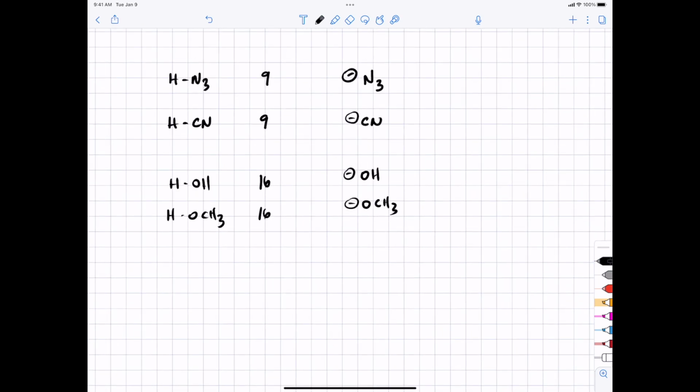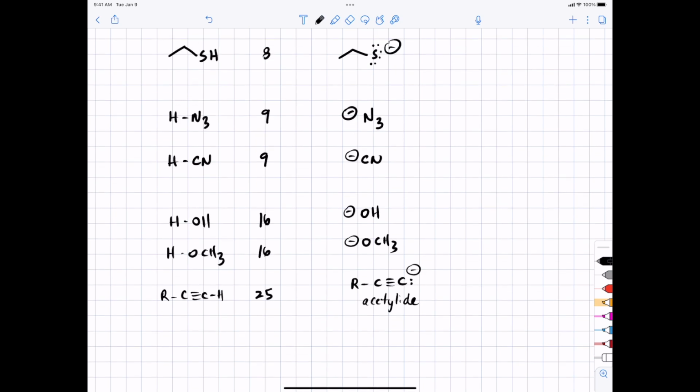And then one more we ought to think about is just the negatively charged terminal alkyne. We'll call this an acetylide anion. Its conjugate acid, terminal alkyne, has a pKa of around 25.